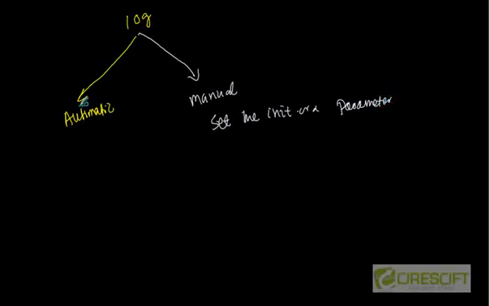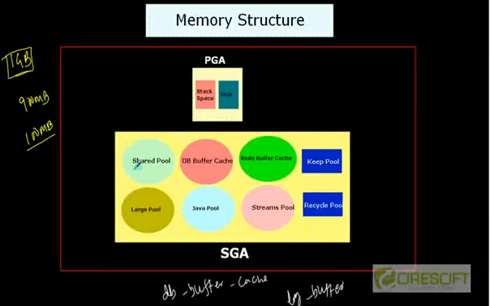Starting from Oracle 10g, Oracle introduced another way to size these values. Instead of setting each individual pool, just tell how big your SGA will be. Let's say I just say that my SGA size will be 1 gigabyte.